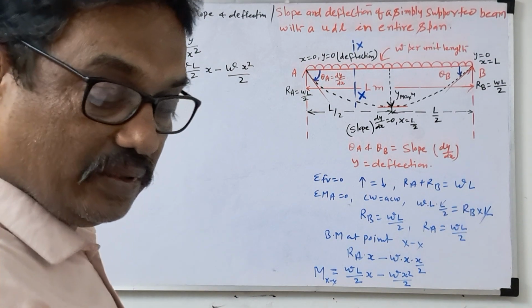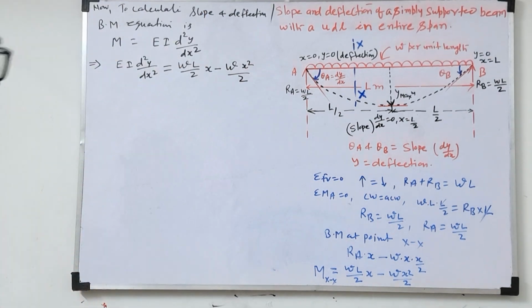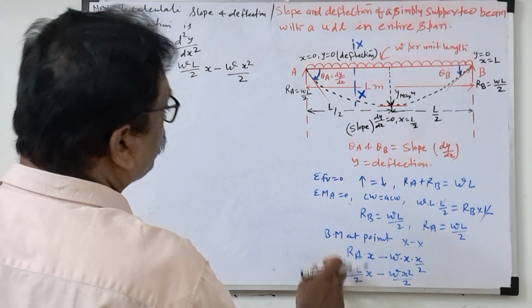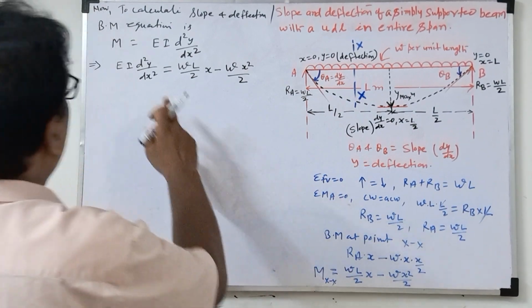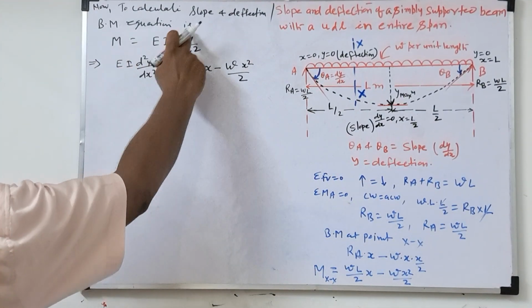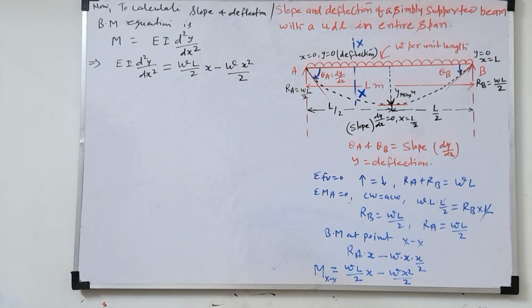So we'll check once what we wrote here. The bending moment equation we got at point xx, and the bending moment equation we know is M is equal to EI d square y by dx square. Now we substituted this value wl by 2x minus wx square by 2. Now what will we do? Integrating both sides.